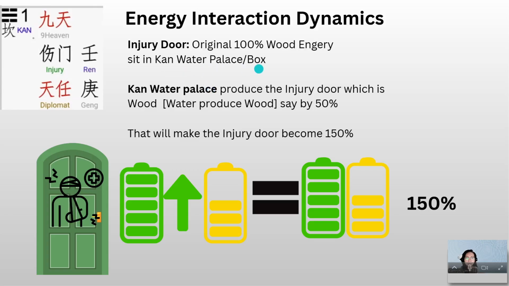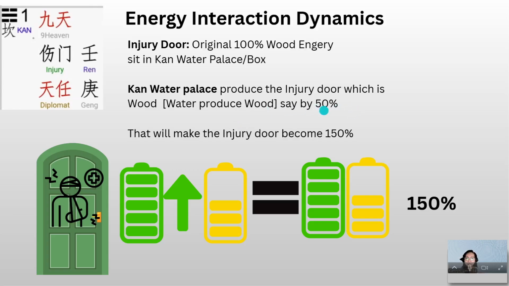And what will happen? This Kan palace is a water palace. Kan water palace is producing to the Injury Door, which is wood. You see, it's indicated here in green color. So when the Kan palace produces to the wood, the wood will gain energy by maybe 50%.